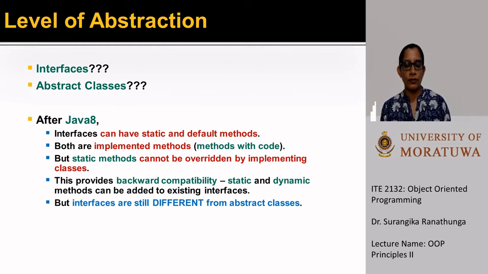Then now even for the existing interfaces, we can add these new methods as implemented methods. So even if you don't know how to implement, we can just add some dummy code and add that method to the interface. However, we cannot replace abstract classes by interfaces, because still interfaces cannot have constructors.